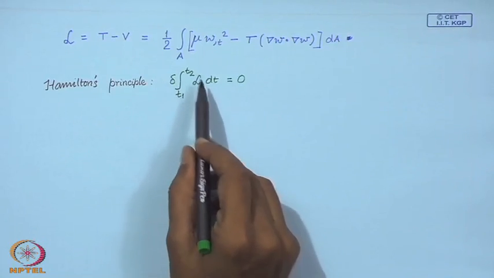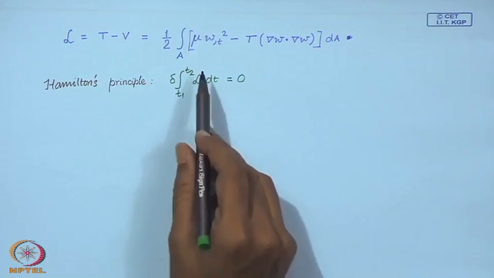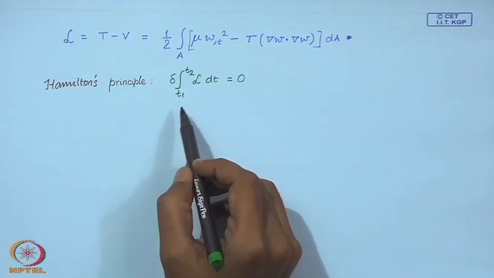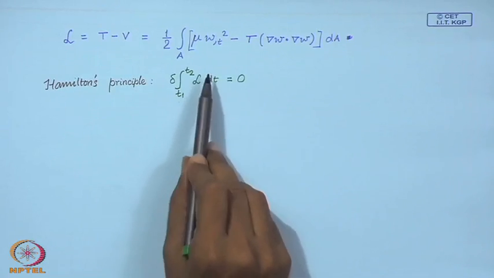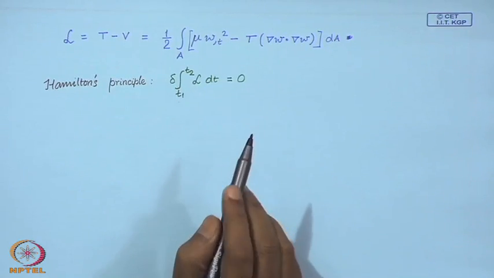So, the variation of the action integral, which is the integral over time of the Lagrangian between two time points, so that variation must vanish.